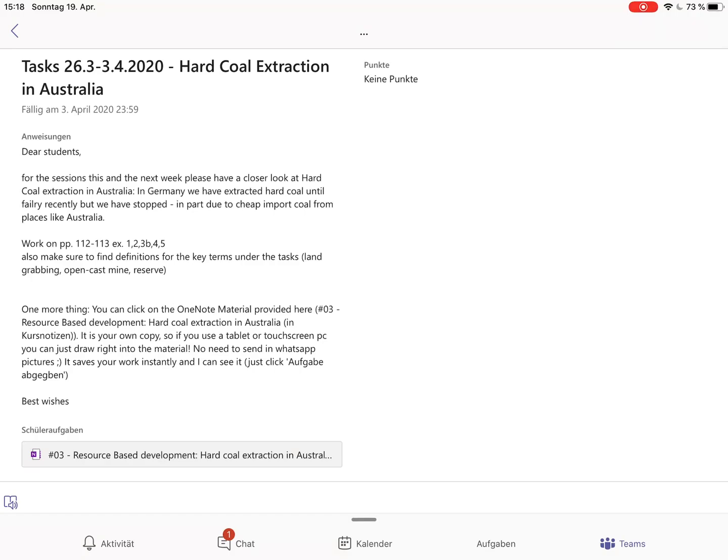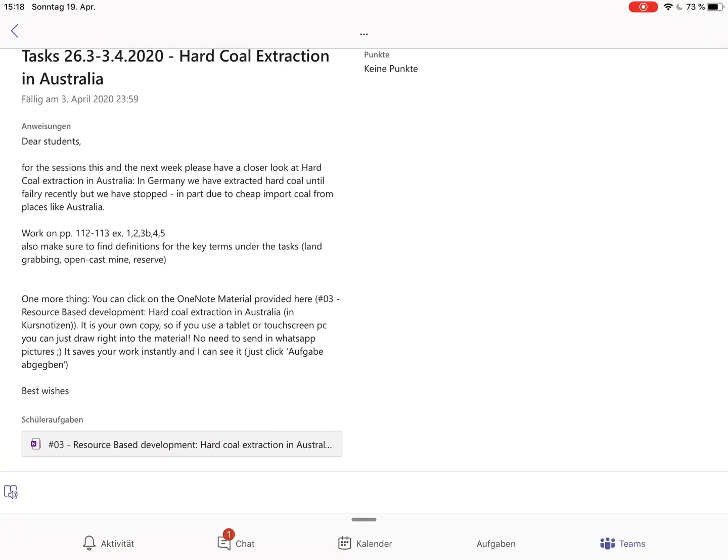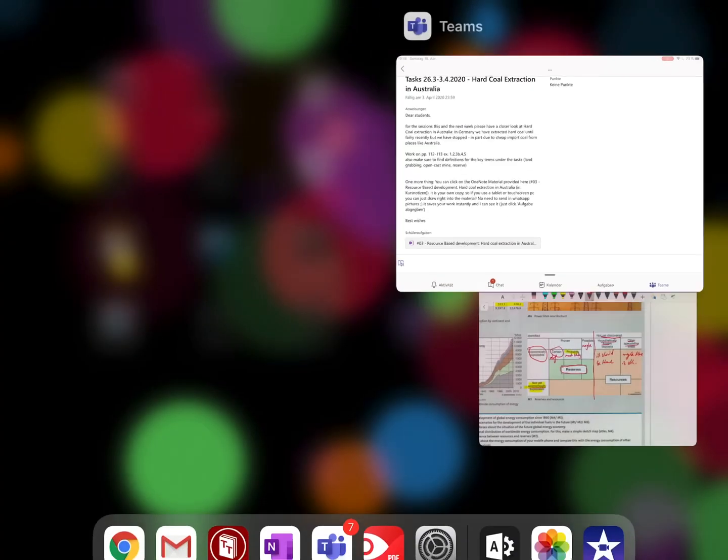I've also said that I would like you to have a look at OneNote here, O3. You can just click on it and you will get directly to your own personal copy of the material in OneNote so that you can work on it.